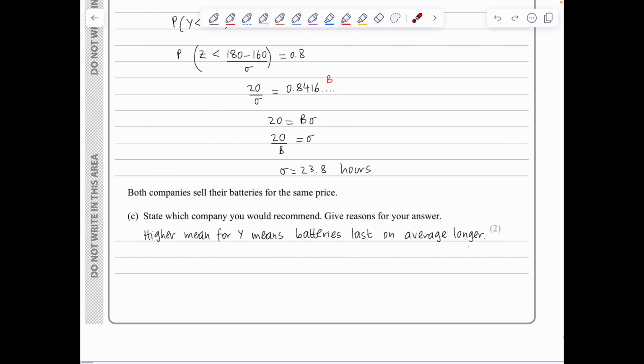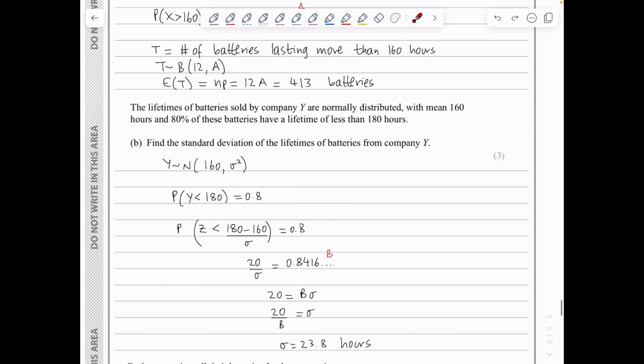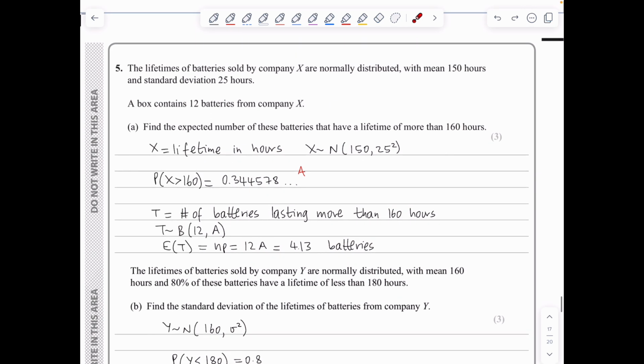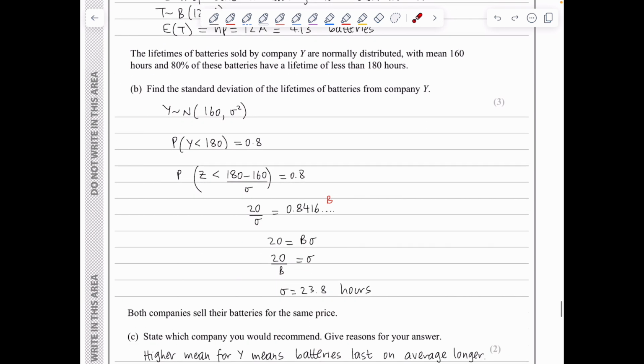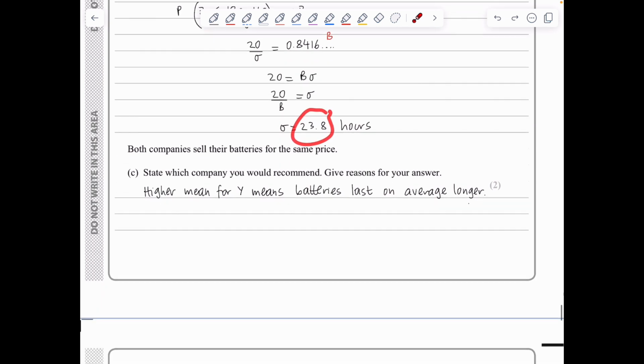And we can also look at the standard deviation. For company X, we've got a standard deviation of 25 hours, whereas for company Y, we've got 23.8 hours, so a bit less. So we could also say that there's a lower standard deviation for Y, which means we have more consistent lifetimes. So both of these lead to us recommending company Y.